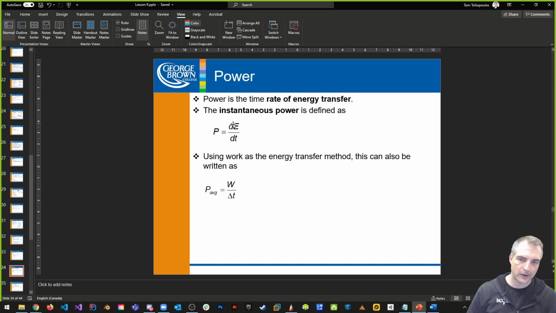Instantaneous power is the tangent to the energy curve that we're talking about. Again, we haven't done calculus, so this is really at a very high level. How do I figure out the instantaneous power at a certain point in time?